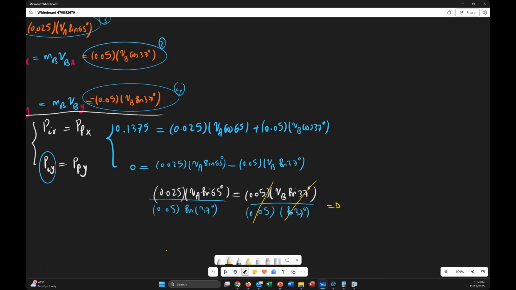What is left is gonna be VB. Okay, try to solve this. So it's gonna be 0.025 divided by 0.05 sine 65 divided by sine 37, yes, VA. Good.